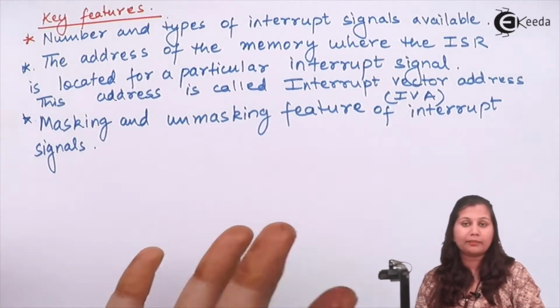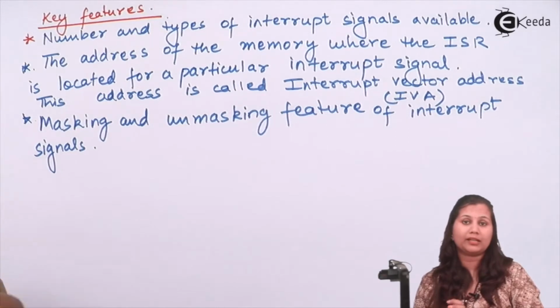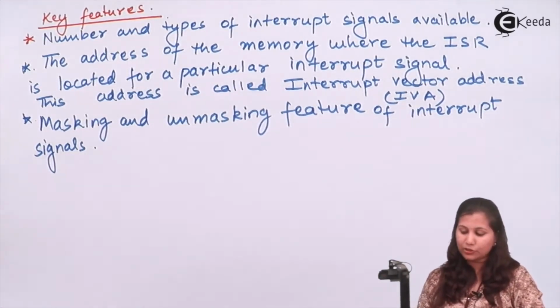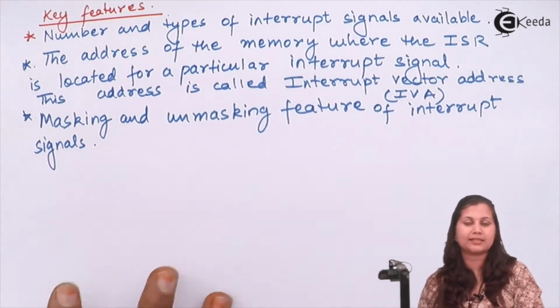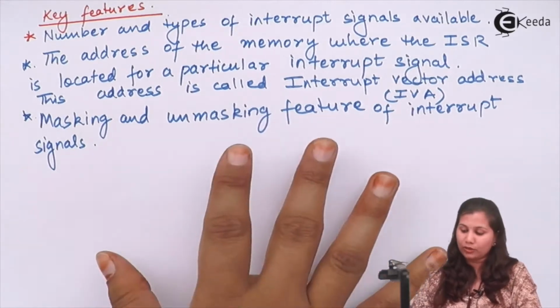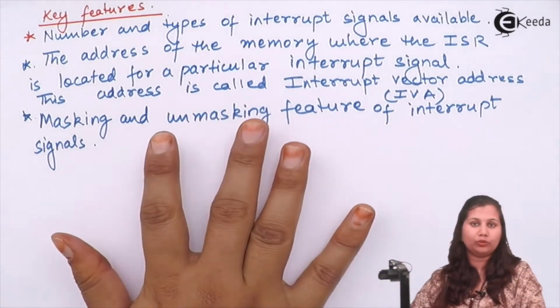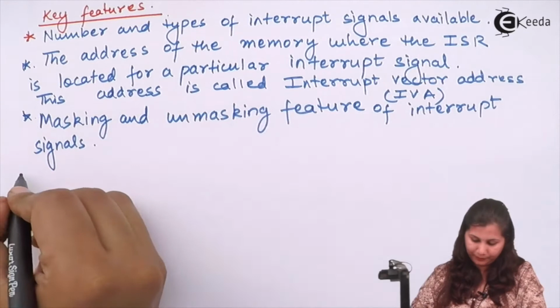And there are some interrupt signals which need to be executed at the same time when they are given. So the processor should know about the masking and unmasking, which of the interrupts can be masked and which cannot be masked. So this feature should be known to the processor.